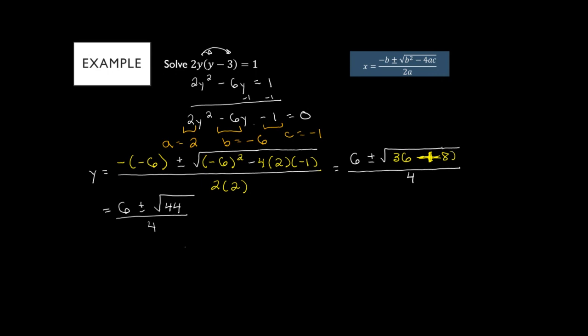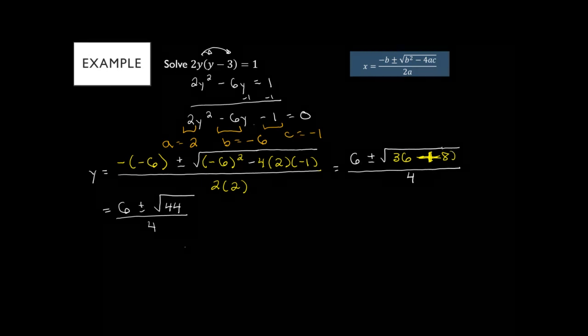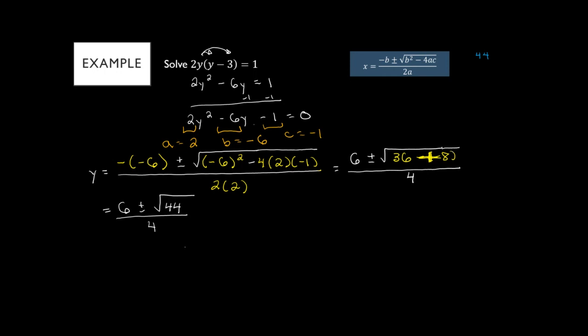So the square root of 44 can be simplified. This is where I usually do some scratch work off to the side. I don't have a lot of room here because I'm trying to keep all of it on the same screen, so I'm just going to do my little factor tree out here on the right. 44 is 4 times 11, and 11 is prime.